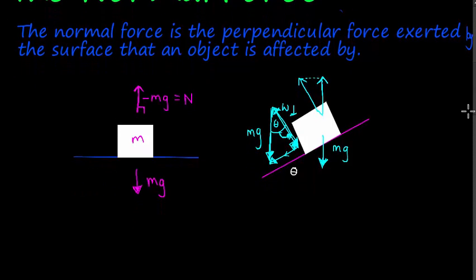So in this case, the weight perpendicular to the surface is equal to the weight downwards, the normal weight, which is just mass times gravity, times cos of theta, because we're trying to work out the adjacent side length given the hypotenuse.